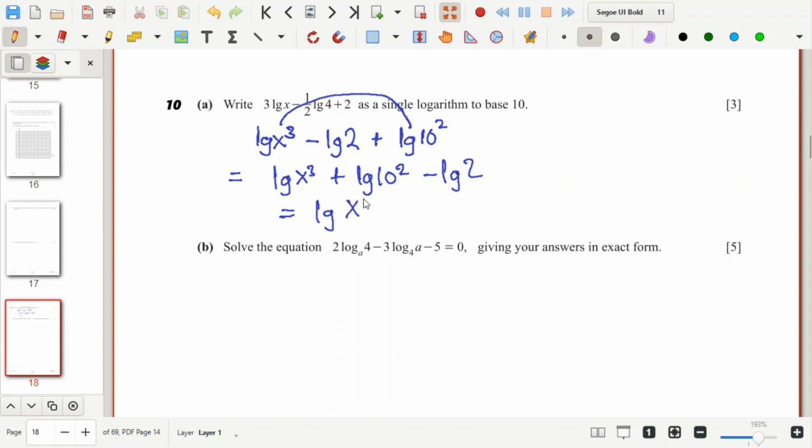So what will happen to the argument? The argument will multiply. All right, so now this is the same as 100 over 2, which is what? 50. 50x cube.